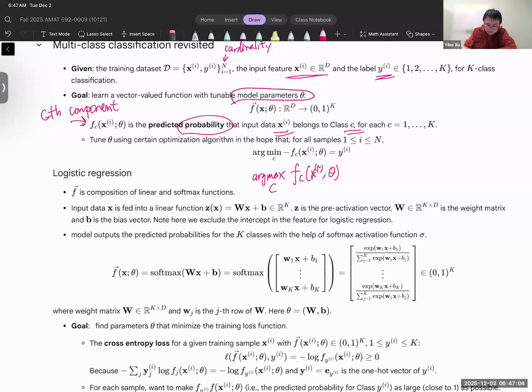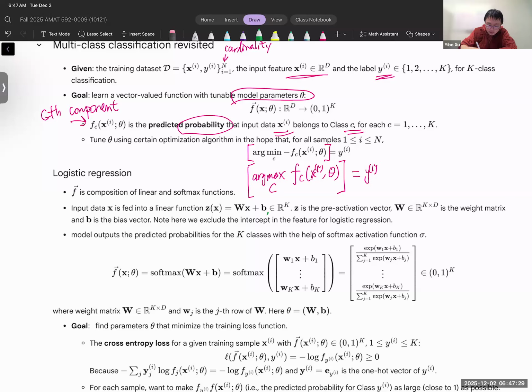So you would expect your data xi that's going to be predicted to be your class yi. So I'm getting the bracket y.